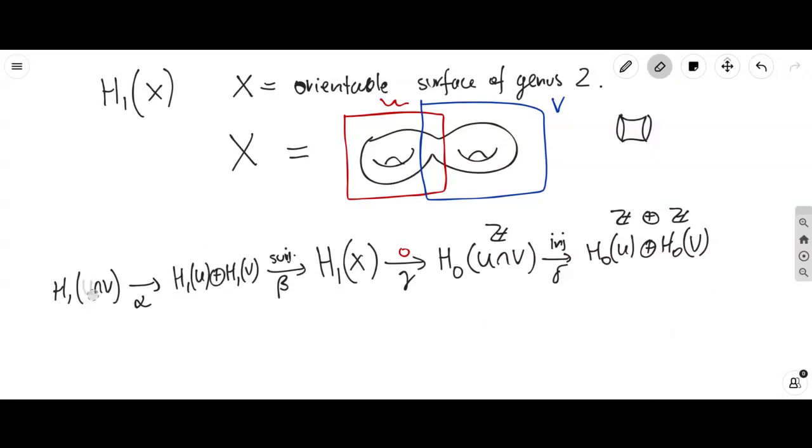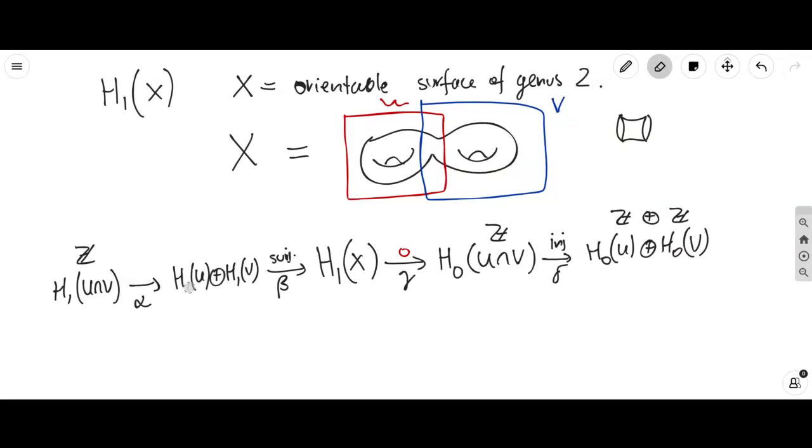Now let's try to analyze what these are. Now H1 of U intersect V, it's the collar, right? It's a tube. This is homotopic to the circle, so its first homology group is isomorphic with Z. So that's fine. Now these two are kind of interesting.